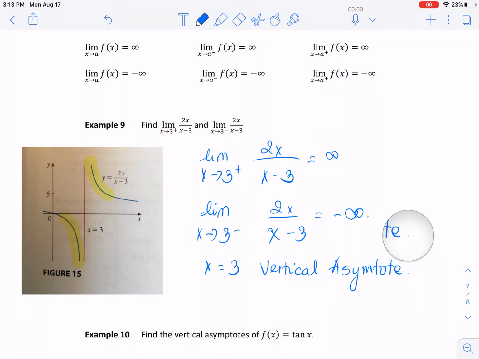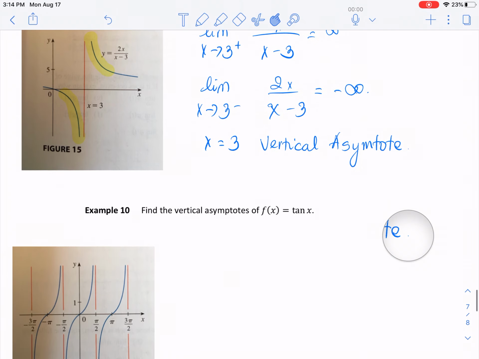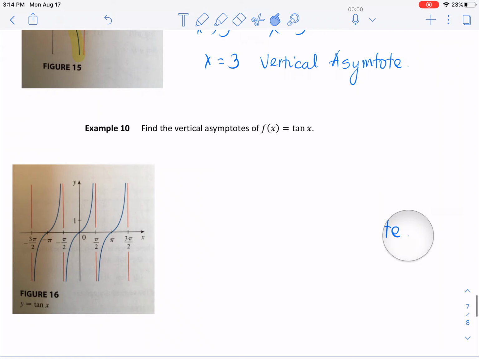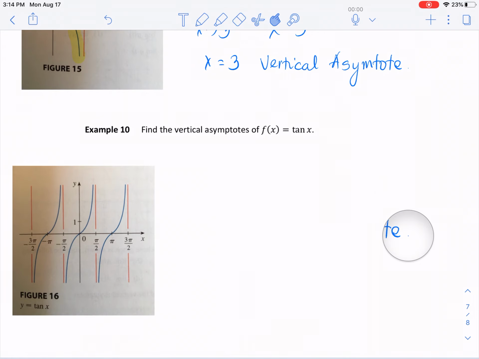Now, let's take a look at example 10. For example 10, same thing. We need to find the vertical asymptote of f of x equals tangent of x.